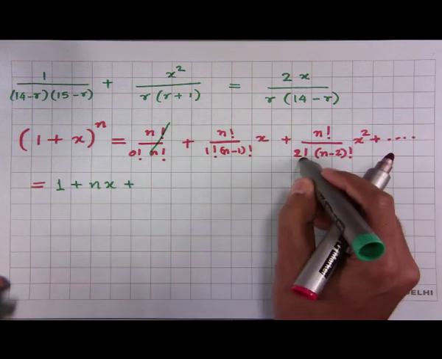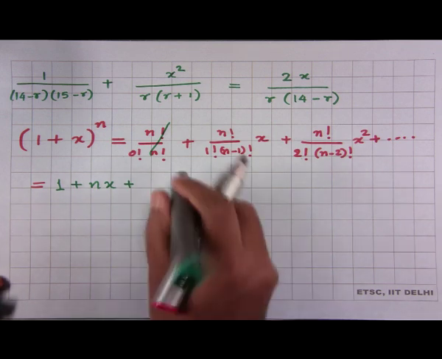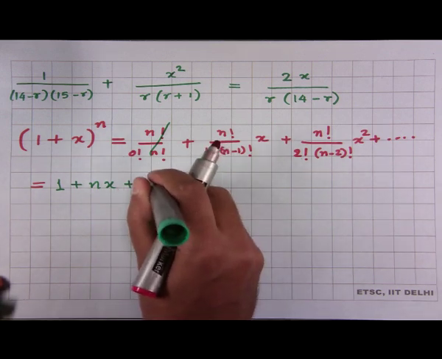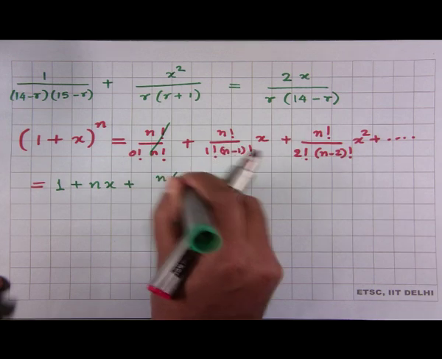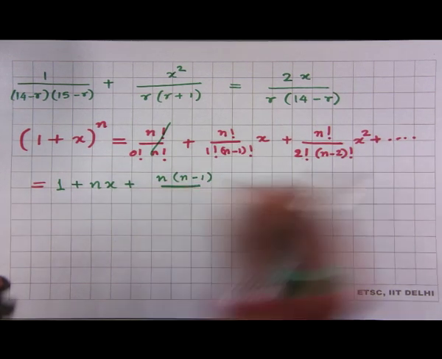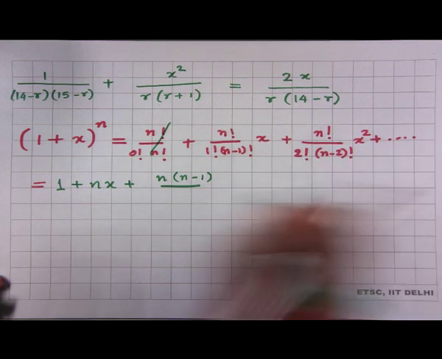Factorial n by factorial 2 factorial n minus 2 is nothing but n into n minus 1 by 2 into 1.